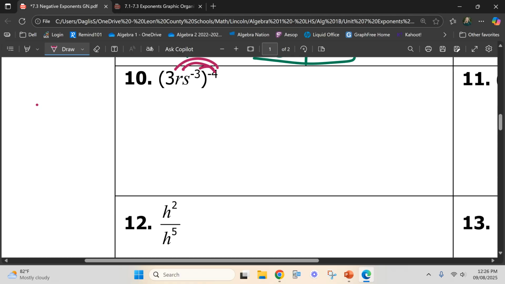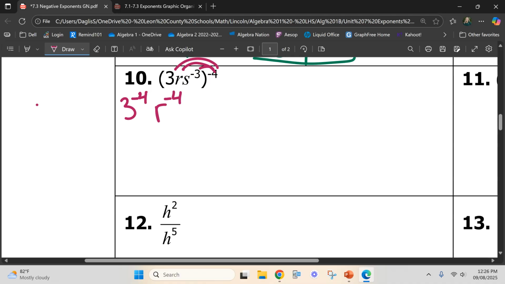So we have 3 to the negative 4 power. We have r. Did r have an exponent? Yes, 1. So when I bring in the negative 4, it's just negative 4 now, 1 times negative 4, right?